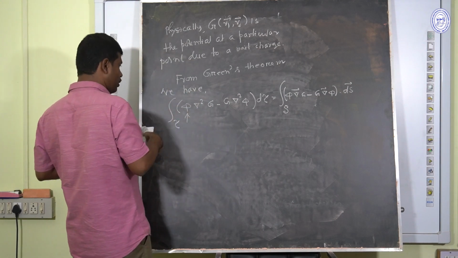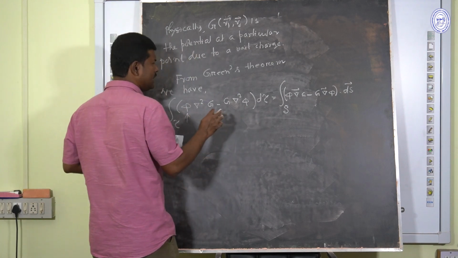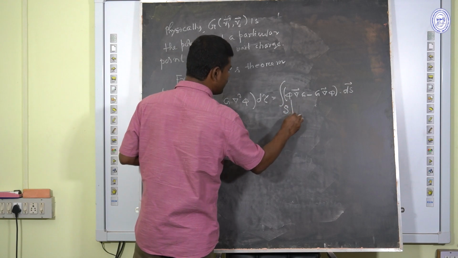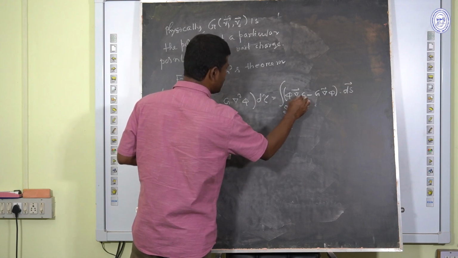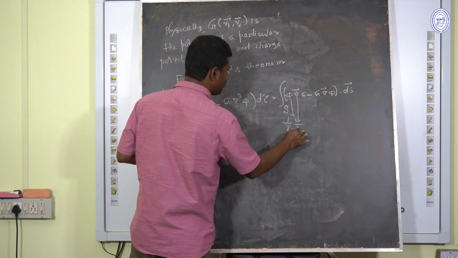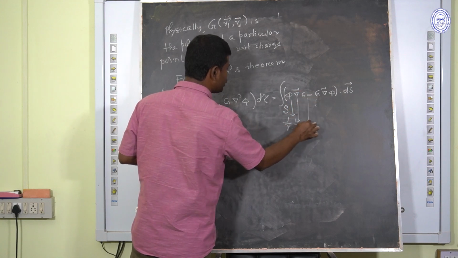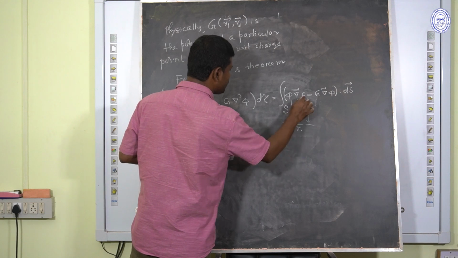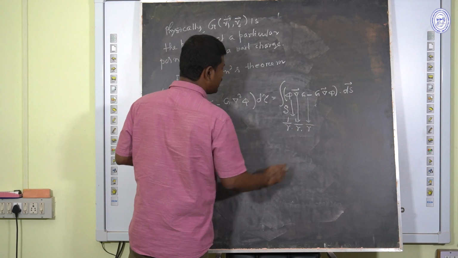In the case of Poisson's equation, if we assume that phi is the electrostatic potential, which varies as 1 by r, and G is the Green's function due to unit charge, a potential due to unit charge, so this also varies as 1 by r.